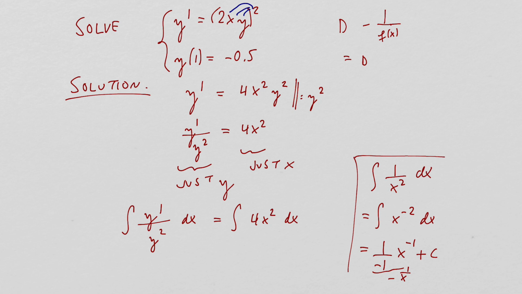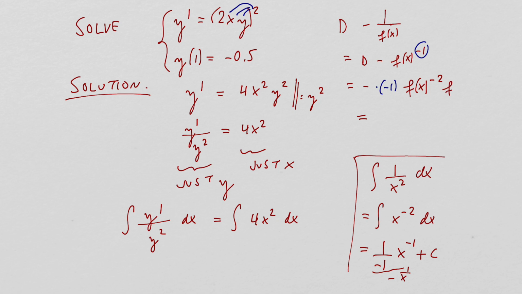It's the derivative of minus f of x to the power minus 1. The minus sign will stay there. When we differentiate this, the power minus 1 will drop to the front. The power will decrease by 1. So we obtain that.